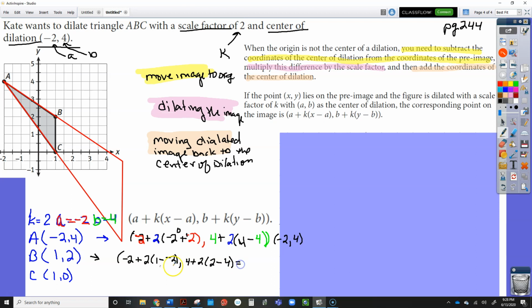So that becomes, let's go to the parentheses first. That's 1 plus 2, that's 3. 3 times 2 is 6. 6 minus 2 is 4. 2 minus 4 is -2. -2 times 2 is -4. -4 plus 4 is 0. So that means that I have a new coordinate at 4, 0.